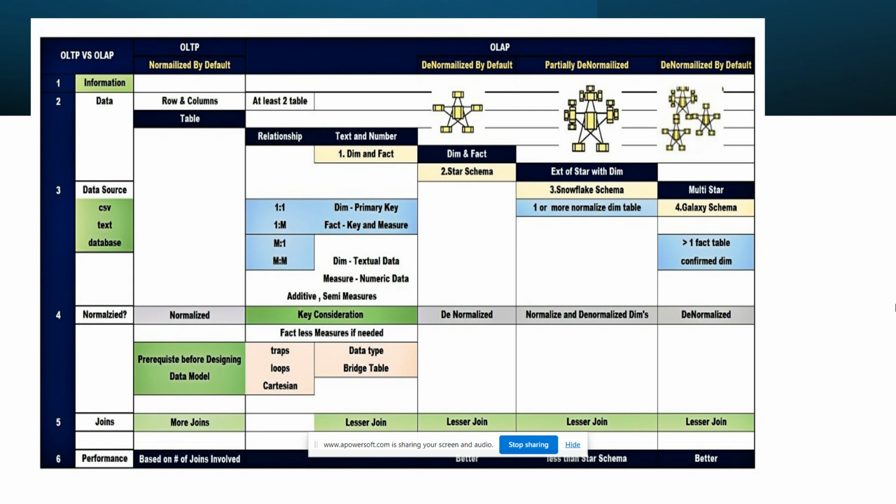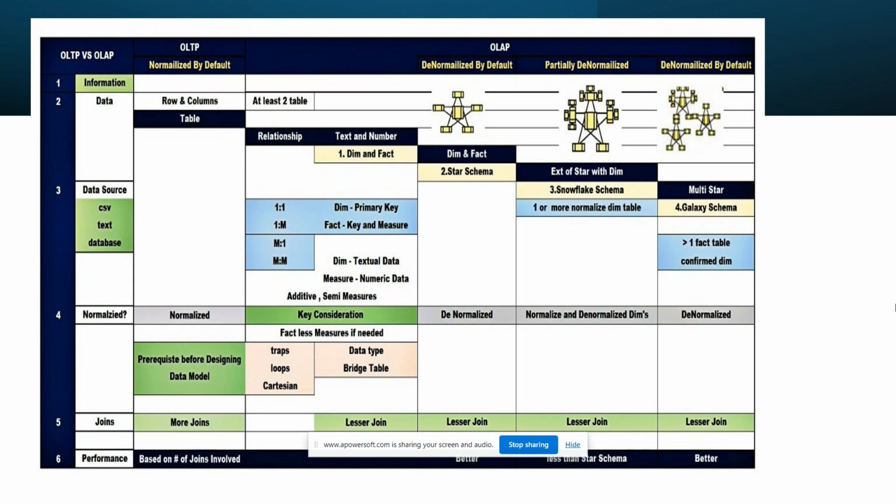On the snowflake schema, it is not completely denormalized. Any one of the dimensions may be normalized. It is a combination of normalized and denormalized. That's why we call it a snowflake schema, which is an extension of the star schema. And the galaxy schema is again purely denormalized.